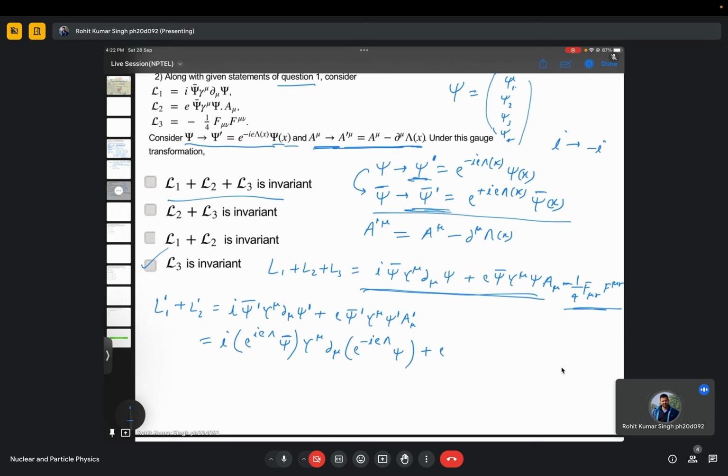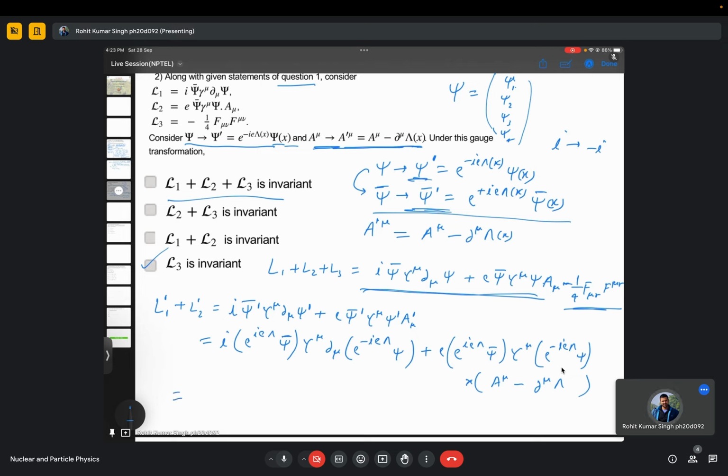Let's just write everything here first, and then again psi bar prime is e to the i lambda psi bar, gamma mu, and then psi prime is e to the minus i lambda psi, and A mu prime is A mu minus del mu lambda. Okay, this is multiplied.